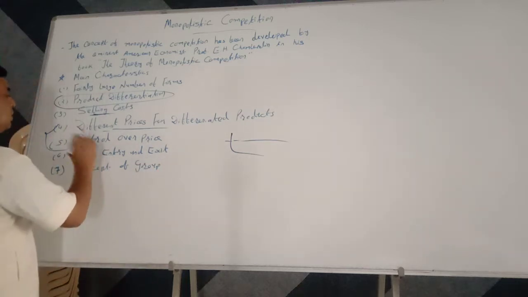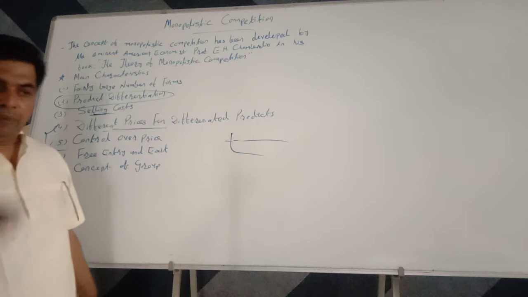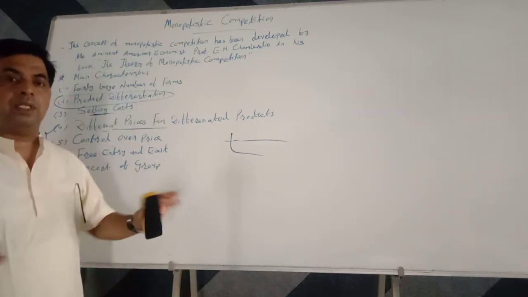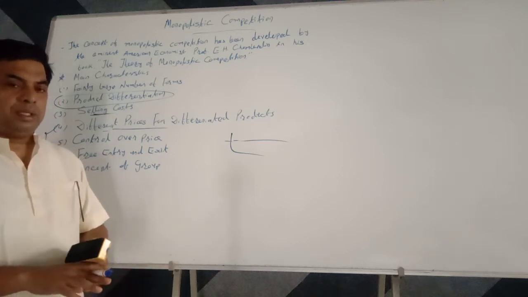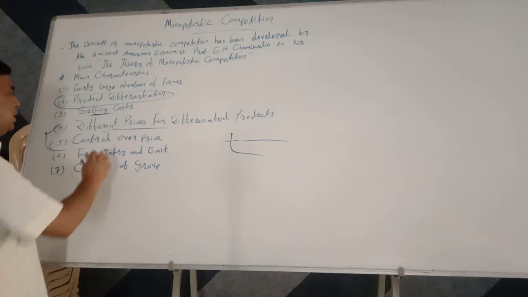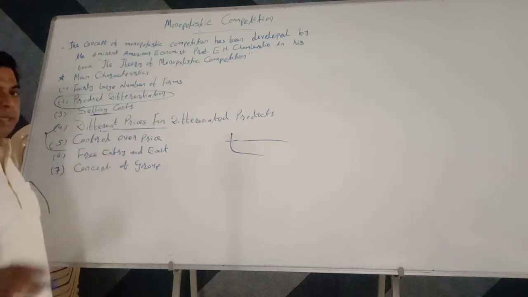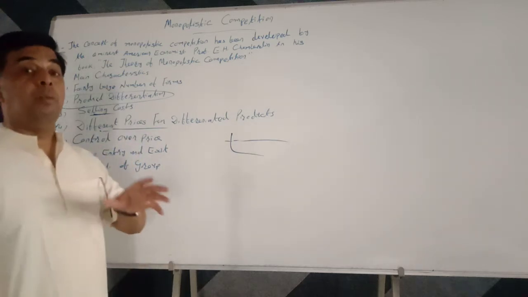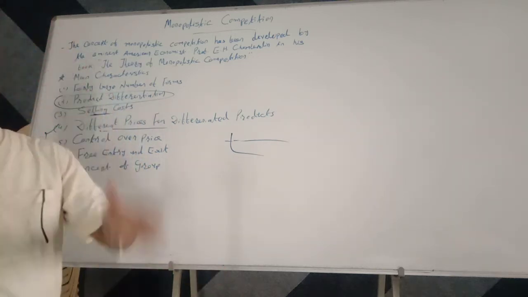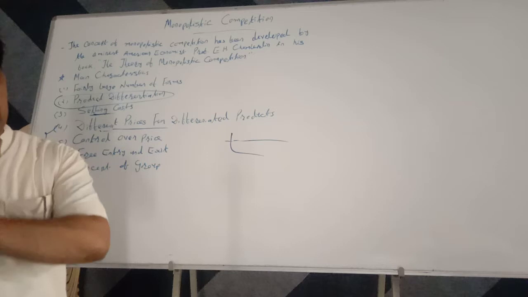मगर यहाँ सिचुएशन डिफरेंट है. परफेक्ट कंपटीशन जैसे ही यहाँ लार्ज नंबर्स ऑफ फर्म्स है, मगर इतने लार्ज नहीं है जितने परफेक्ट कंपटीशन में. बट देयर इज अ डिफरेंस इन प्राइस. Because why difference in price? Because in perfect competition, the products are homogeneous. They are identical from the viewpoint of taste, quality, brand, packing. They are completely identical.